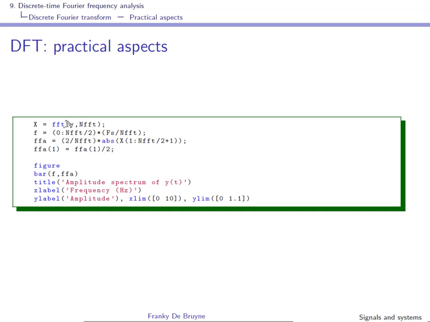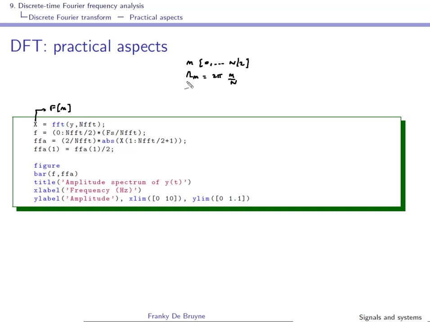We use the FFT command to implement the DFT efficiently, right? And we obtain a vector Fn, so in this case we'll use the index n in the interval 0 up to N over 2. Remember that we have discretized the discrete frequency as 2 pi n over N, where n is in this range.